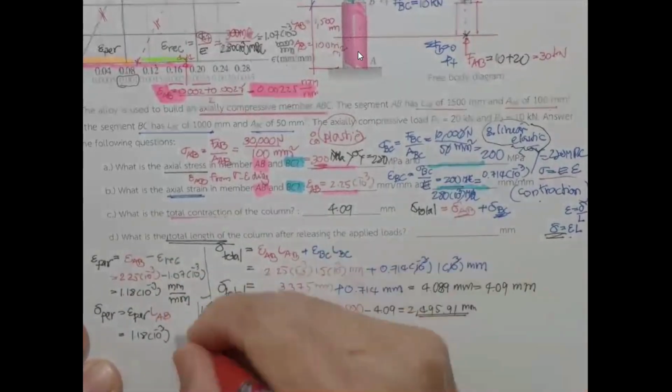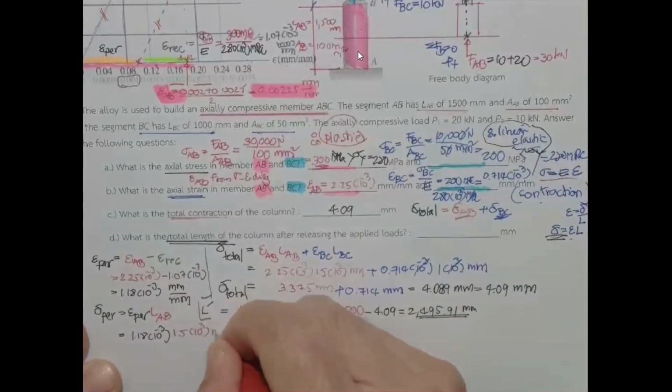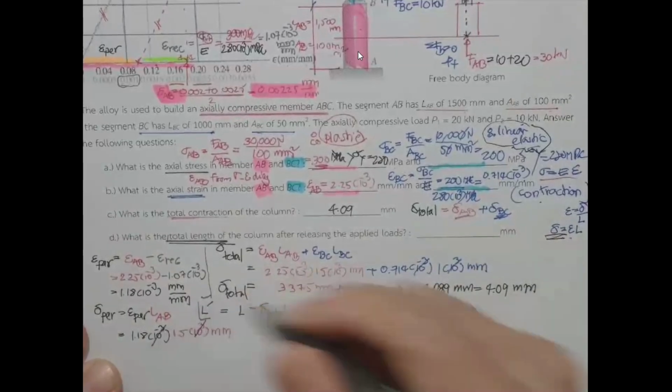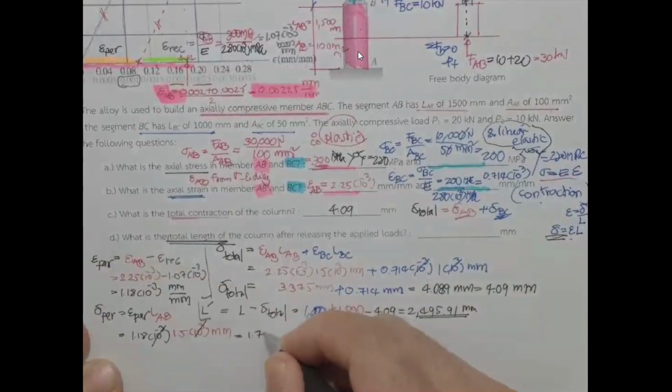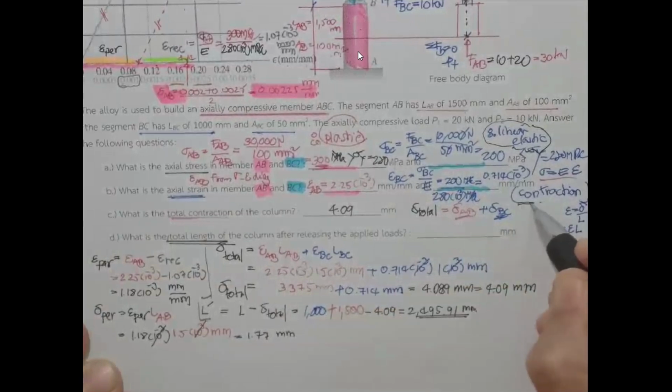Length of AB is going to be 1.5 times 10 to the power 3 millimeter. It's going to be 1.18 times 1.5. You get this one equal to 1.77 millimeter, and it is shortening or contraction.